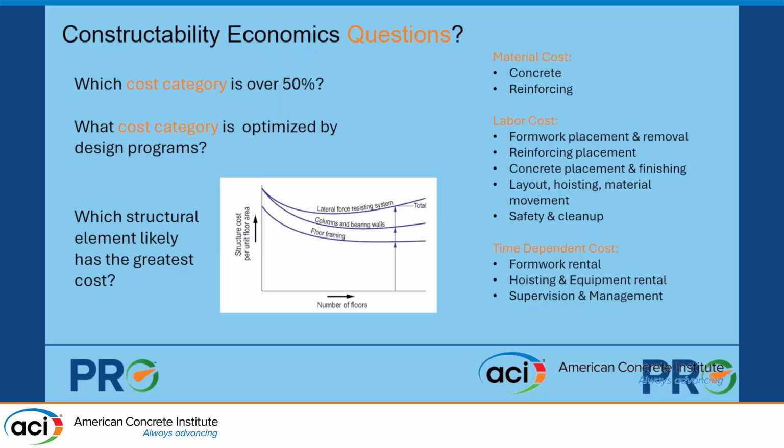So as a designer, if you're designing for constructability, to get the biggest bang for your buck, make sure your floor framing is the most constructible, and therefore you can leverage your efforts to get the biggest bang for your buck.